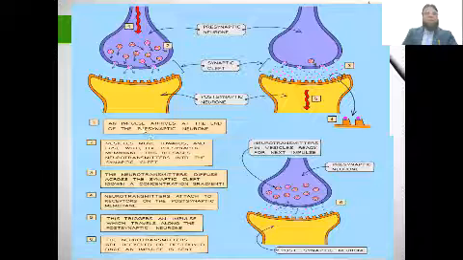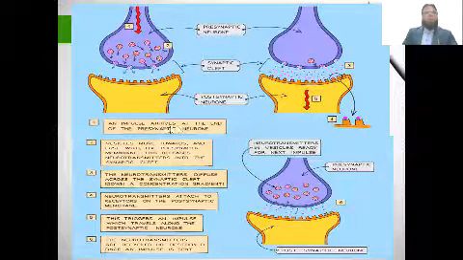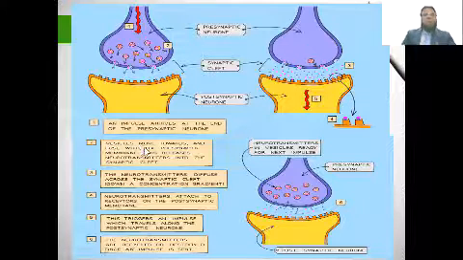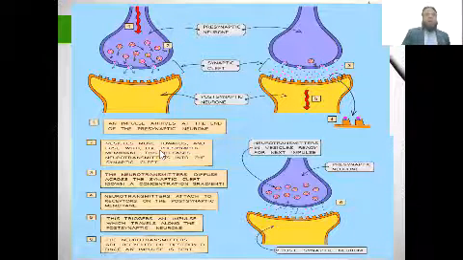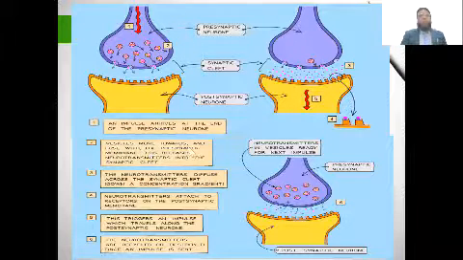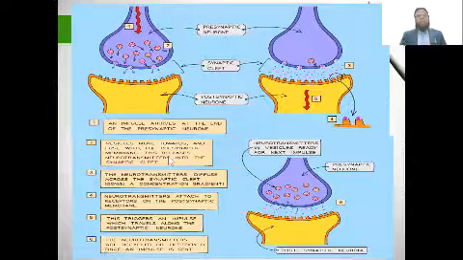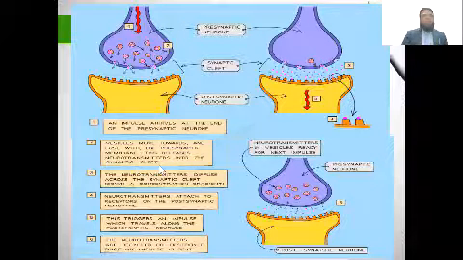As you can see here, in the first step an impulse arrives at the end of the presynaptic neuron. In the second step, vesicles move towards and fuse with the presynaptic membrane. This releases the neurotransmitters into the synaptic cleft.